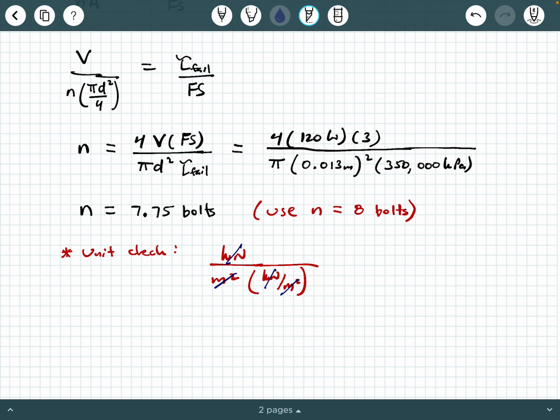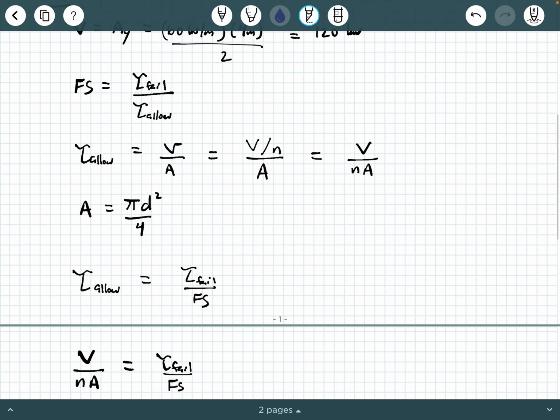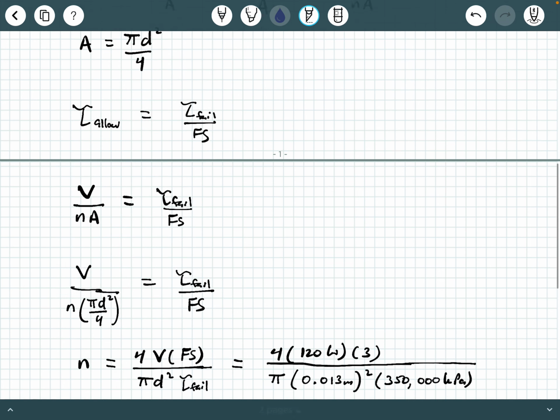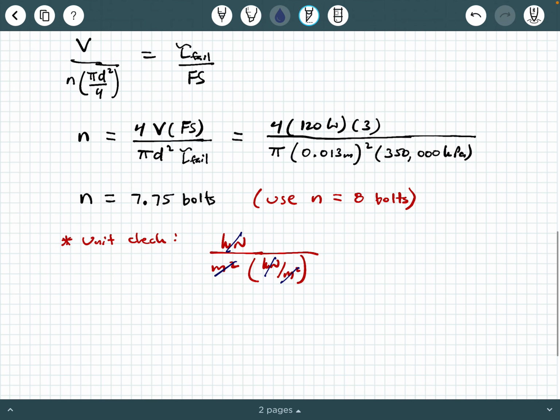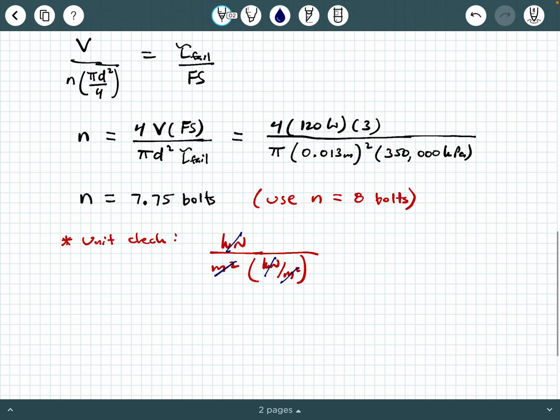So we know even though the units come out as what seems to be nothing, back up here when we set up this initial relationship, we said that this little shear force was kilonewtons per bolt, right? Kilonewtons per bolt. So N is a number of bolts. So that's why we come out with final units representing bolts, okay? So this is our final answer. We're going to say 8 bolts.